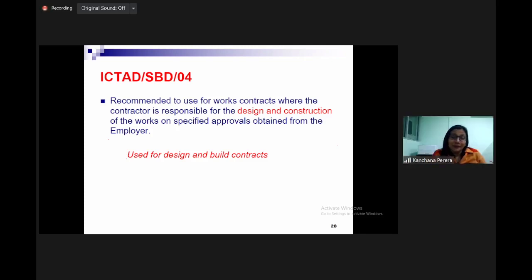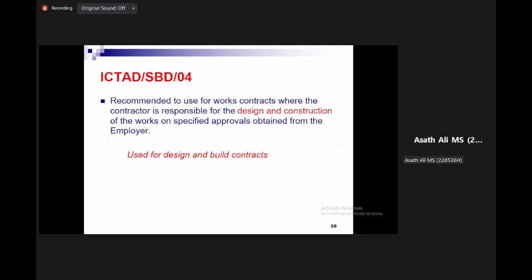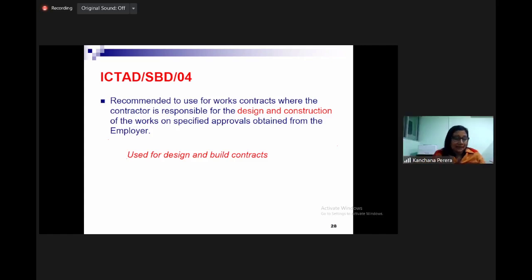Most of the force majeures are the responsibility of the client, but there are other exceptions as well. Sometimes both parties share it. For example, due to a dengue epidemic, if there is a problem, then there will be some part with the client.